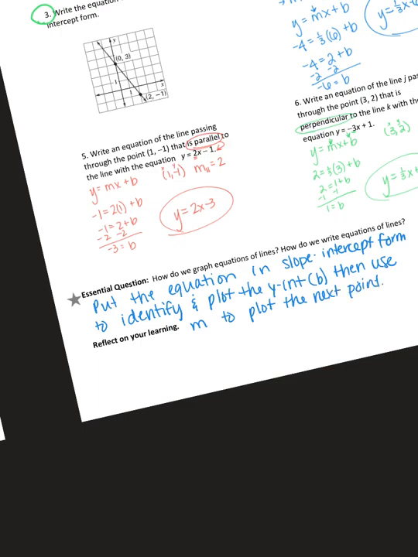And then the second question that we were asked is, how do we write equations of lines? So using either the formulas for slope or the equation of a line, y equals mx plus b.